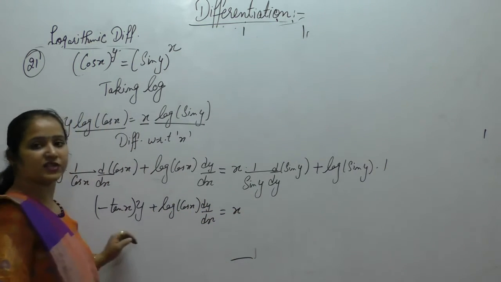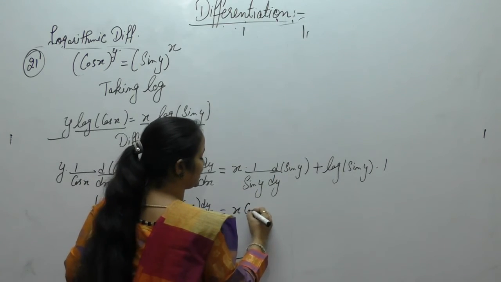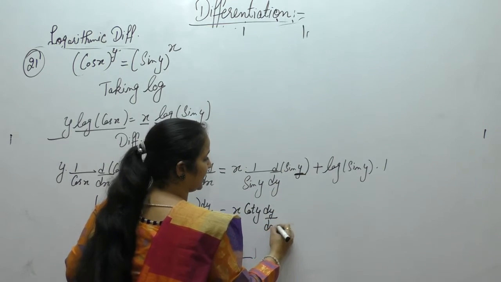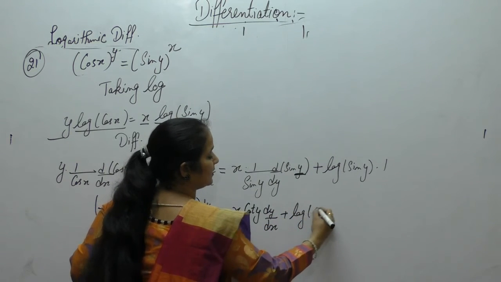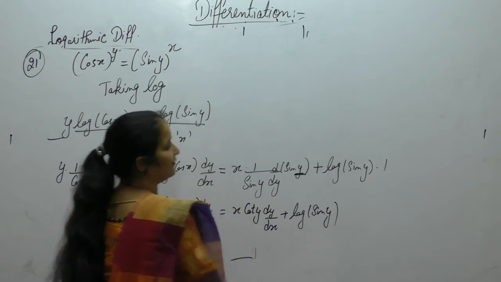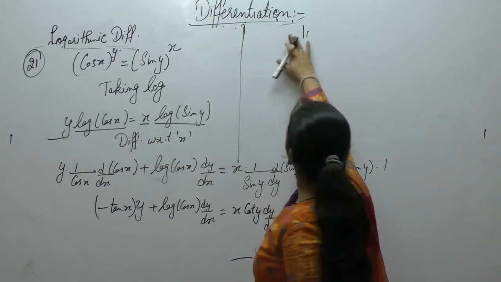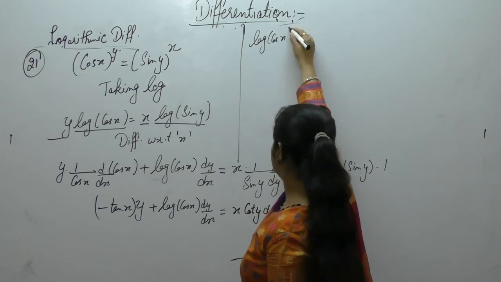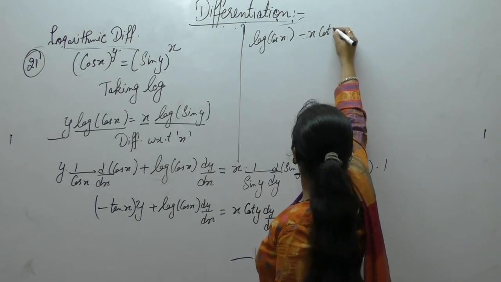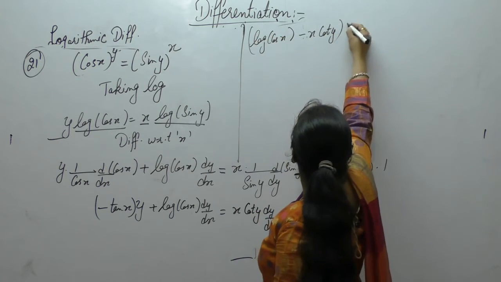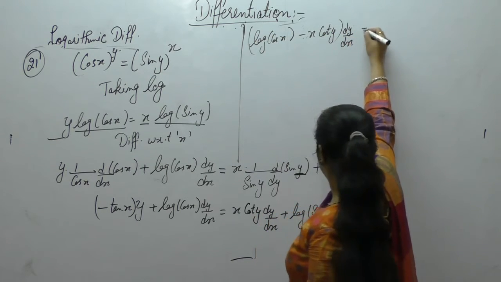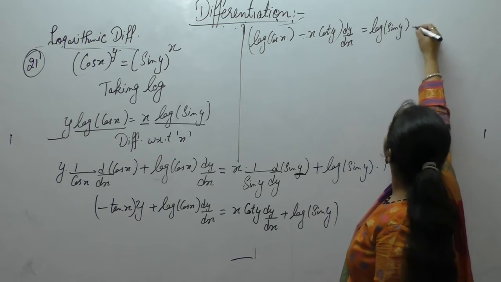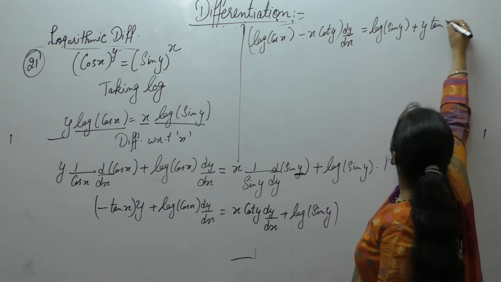x, derivative of sine is cos, cos upon sine is cot y, but here we have y, so derivative of y, dy upon dx, log of sine y. Now dy upon dx वाली टर्म्स को एक साइड पे करेंगे: log of cos of x minus x cot of y dy by dx is equal to log of sine y plus y into tan of x.